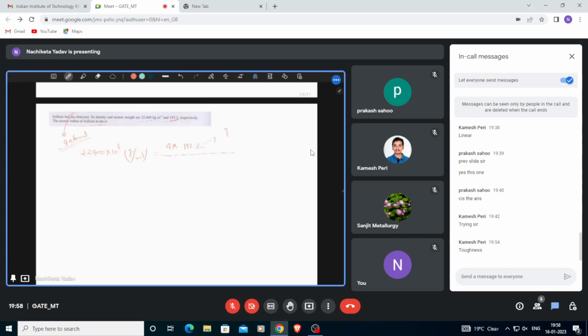Avogadro number will be 6.023 into 10 to the power 23, this is number per gram. So a cube is the volume. What will be the volume of this iridium?